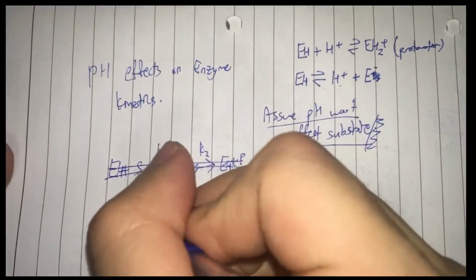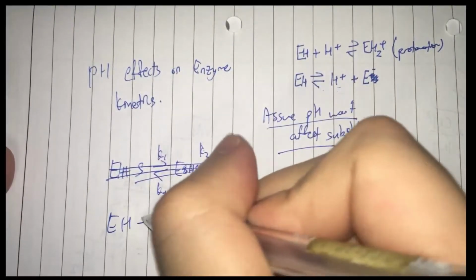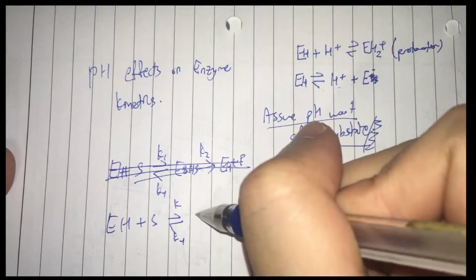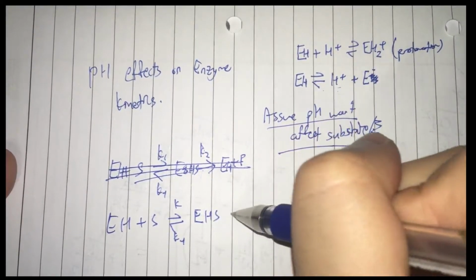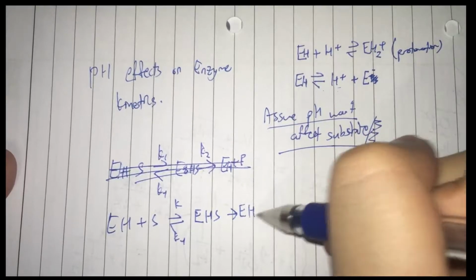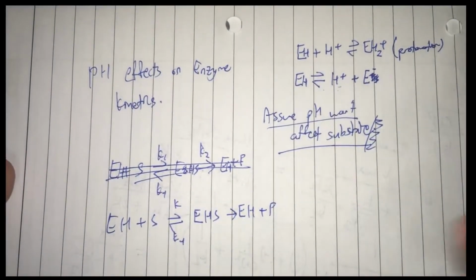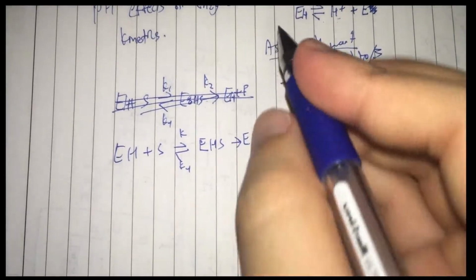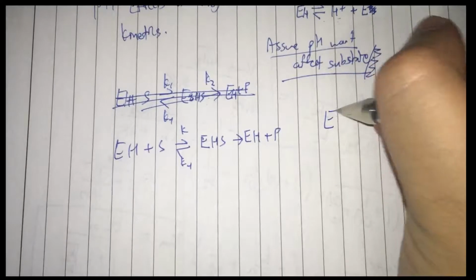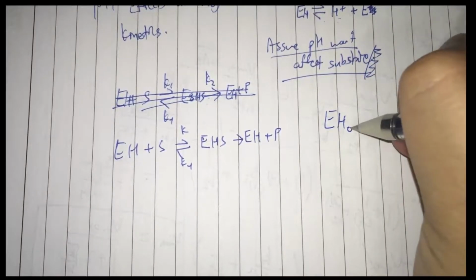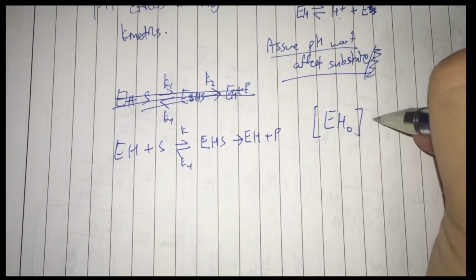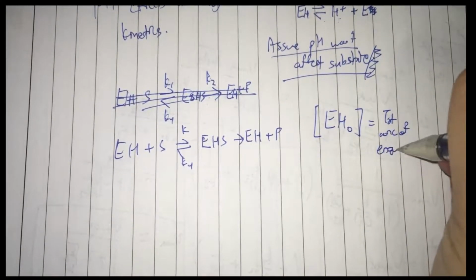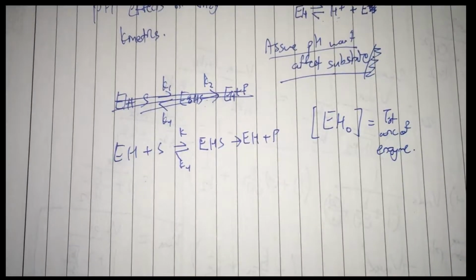So let's write it properly: EH plus S, forward and backward, goes into EHS, and you go into EH plus P. In this case, the notation is that the enzyme is denoted by EH, so the total concentration of enzyme is EH naught. This is the total enzyme concentration.